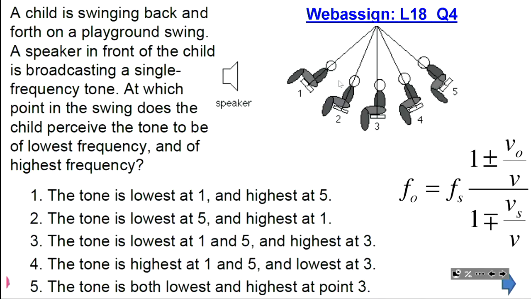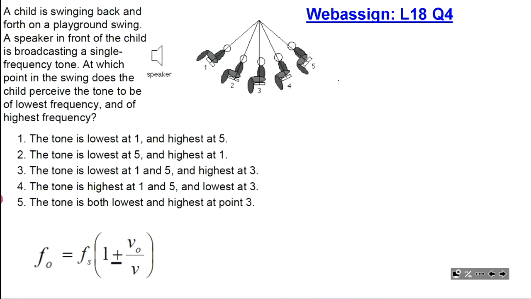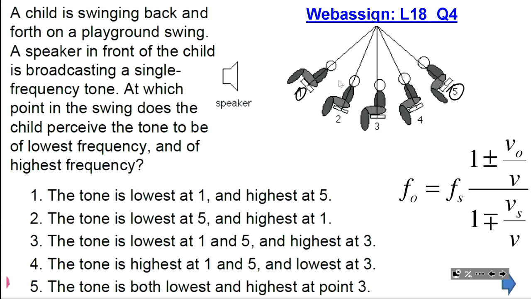For example, at the point number 1 or at the point number 2. So because the speaker is not moving, here and here the speed of the observer equals 0 and the speed of the source equals 0. So because the speaker is not moving, this is 0.